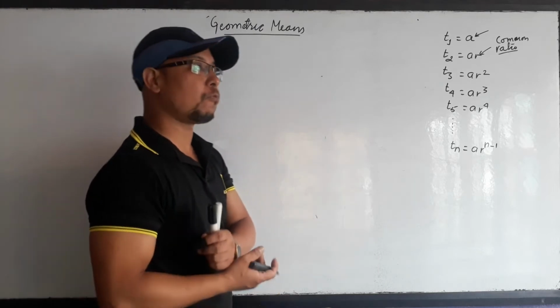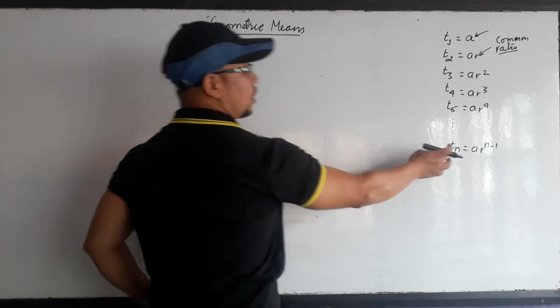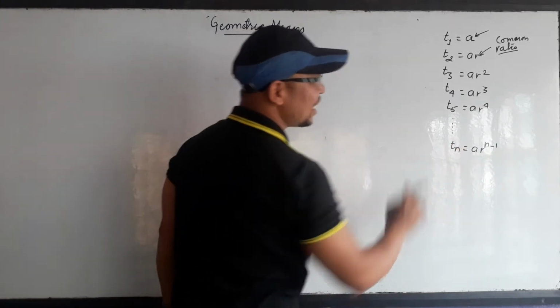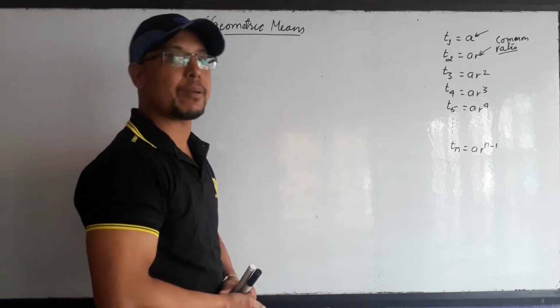If you have not watched that, I recommend you watch that video. This is Tn equals AR power n minus 1, and here n is the number of terms. Remember, students.